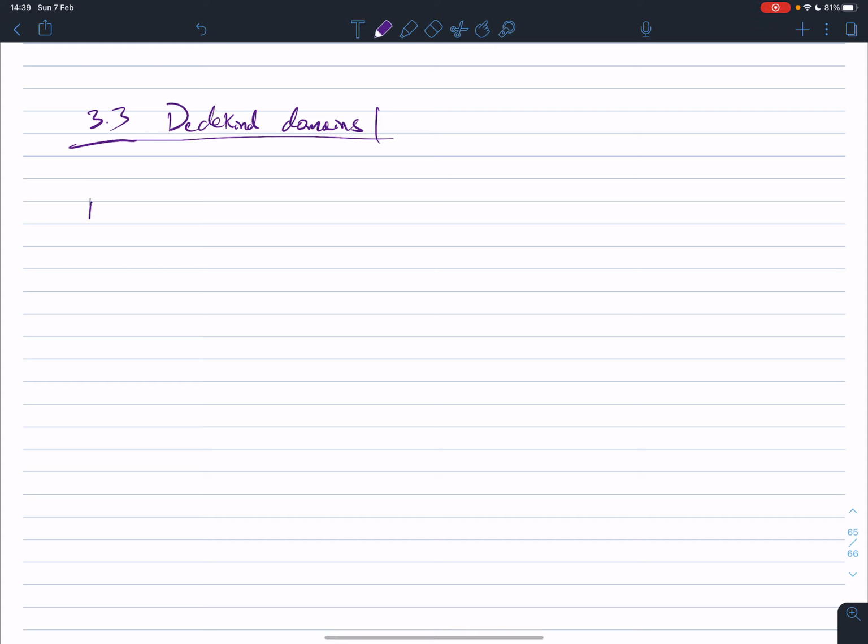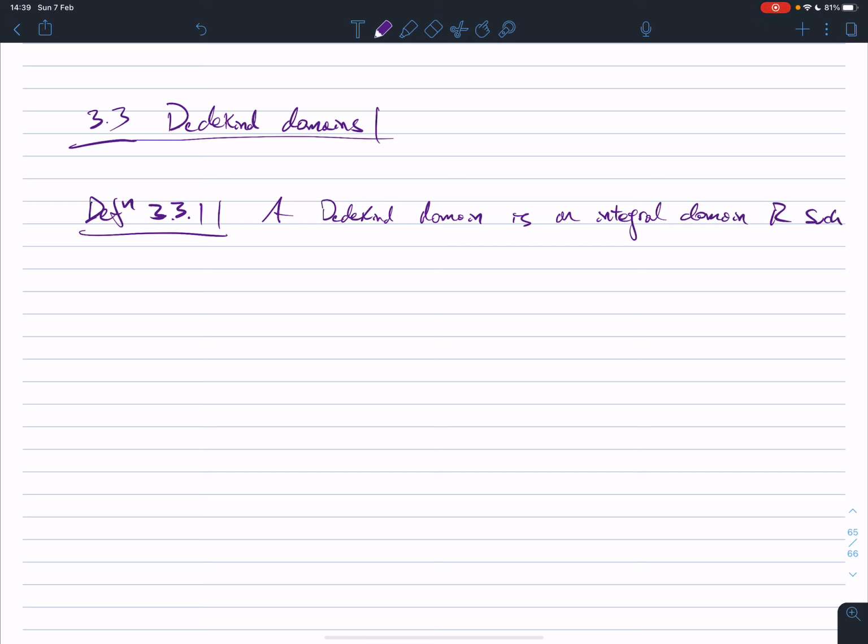So here's the definition. Definition 3.3.1. A Dedekind domain is an integral domain R such that the following three things hold.